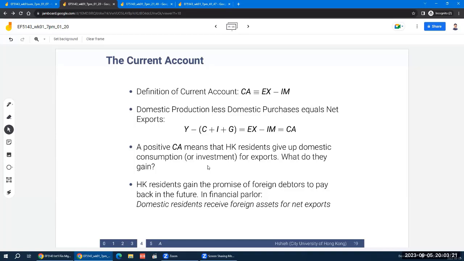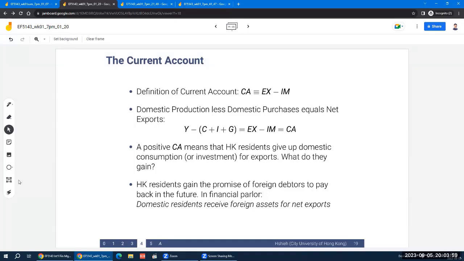And we can get EX minus IM by simply subtracting all your domestic consumption and spending from the total income of a country, Y. So that's C plus I plus G. Remember, G is some form of spending too, like consumption vouchers from the government that you have to spend. So it's some form of disposable expenditure. We take our total income from the economy and subtract out C plus I plus G, and what's left is going to give you EX minus IM.